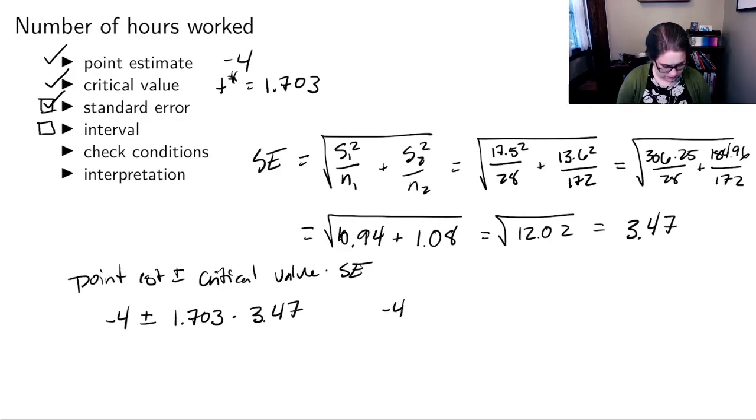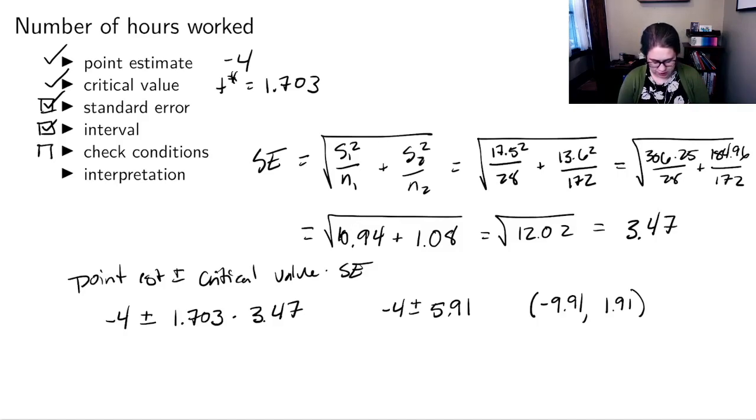So it's -4 plus or minus 5.91. So -4 minus 5.91 is -9.91. And -4 plus 5.91 is 1.91. So that's our interval.